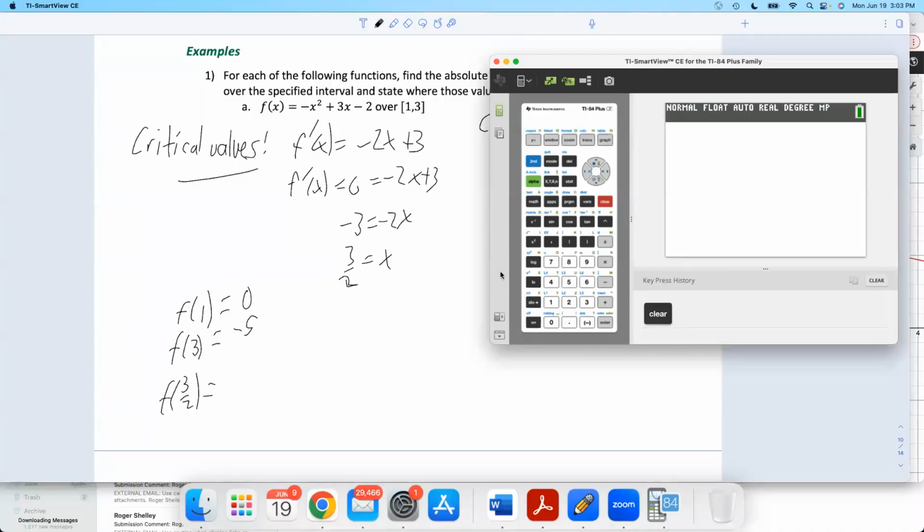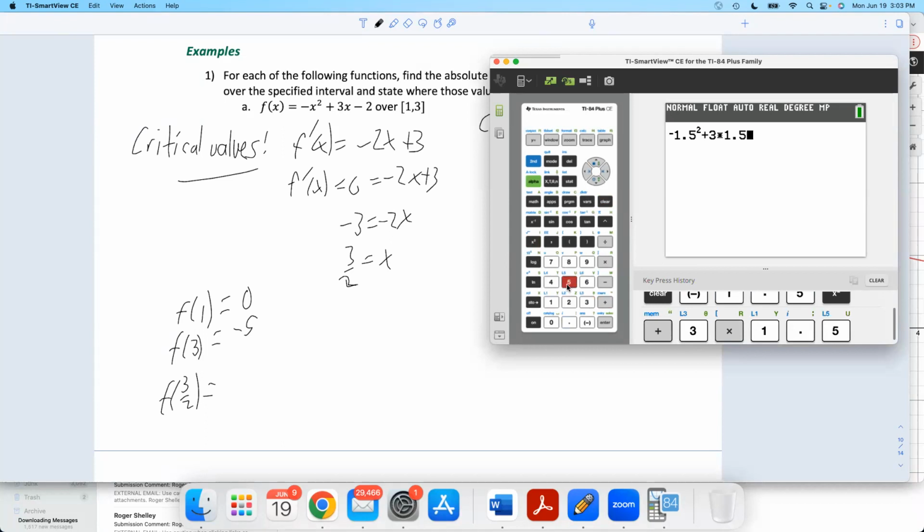Okay, so plugging in 3/2, so I want negative 1.5 squared plus 3 times 1.5, minus 2, 0.25.